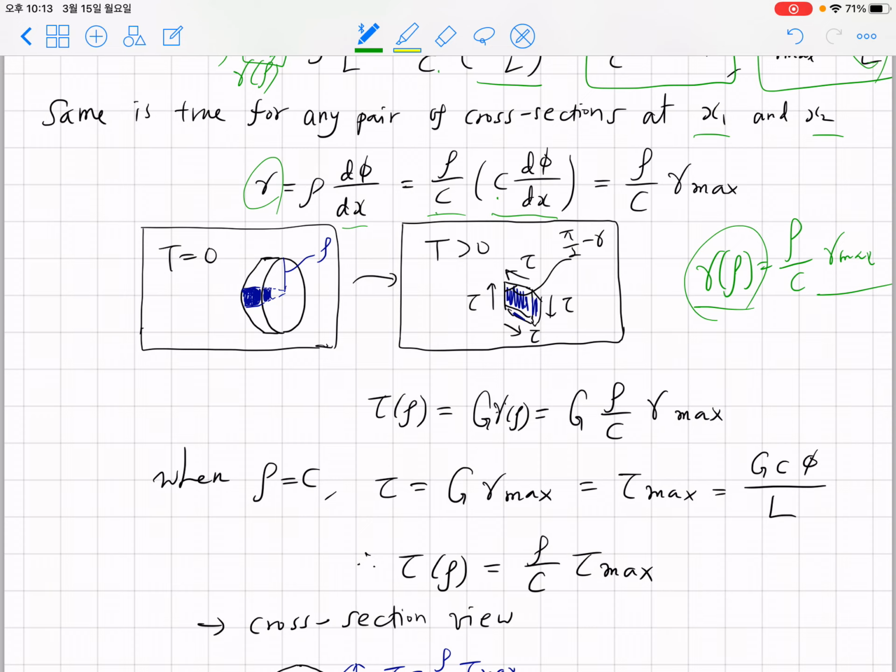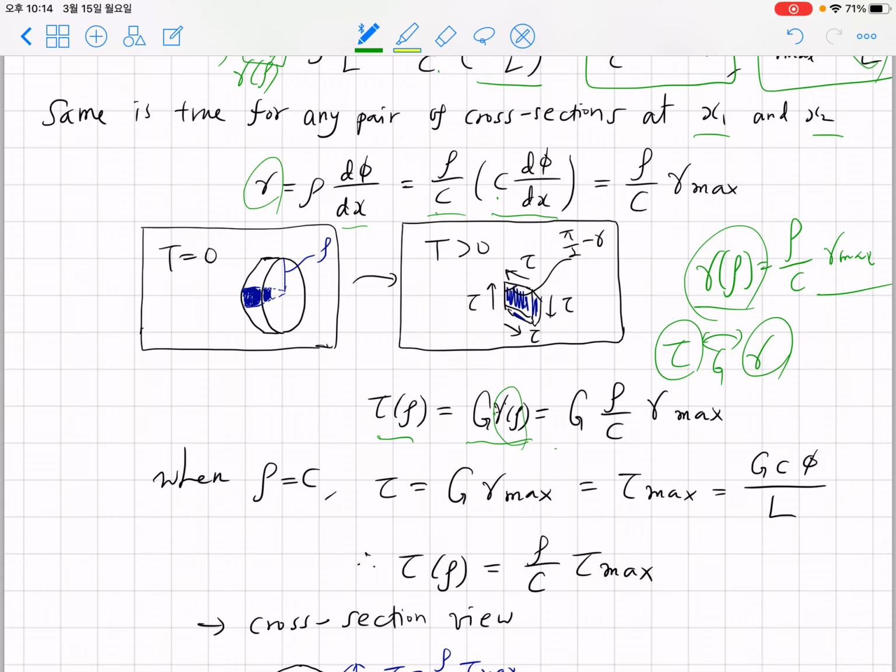Because we have obtained the shear strain as a function of position, the distance from the center, by using the material property connecting shear stress and shear strain, which is shear modulus G, we can obtain shear stress tau. Shear stress tau as a function of rho must be obtained as shear modulus multiplied by shear strain gamma, which is a function of rho.